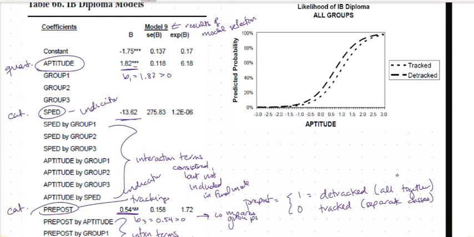So here we've got the tracked groups are the small dashed lines, the detracked groups are the big dashed lines. And at every fixed level of aptitude, so holding aptitude constant, we always see that the detracked groups are doing better on average than the tracked groups.